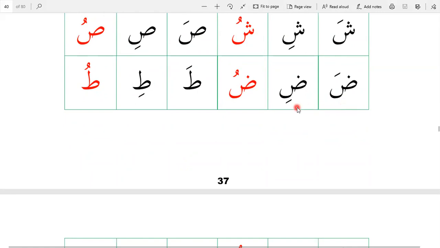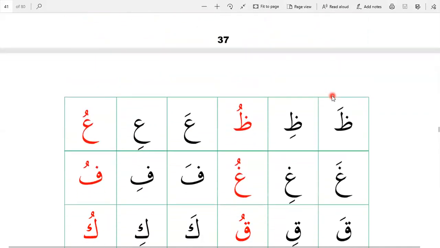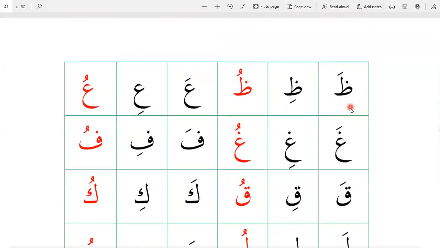Da, di, do. Da, di, do. Ta, ti, tu. Ta, ti, tu. Va, vi, vu.